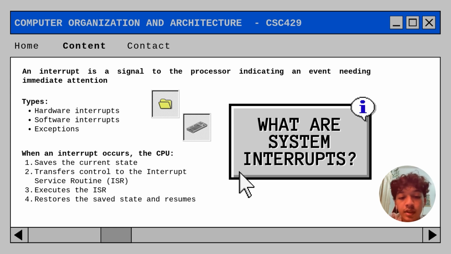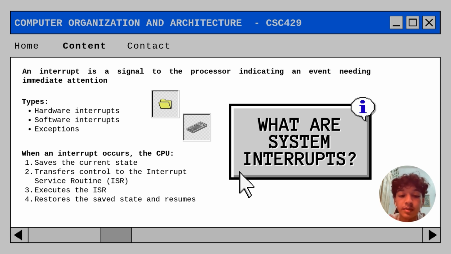So by definition, an interrupt is a signal to the processor indicating an event needing immediate attention. Interrupts consist of 3 different types. The first one is hardware interrupts, the second one is software interrupts, and the last one is exceptions. For hardware interrupts, an example is an input-output device signaling completion.